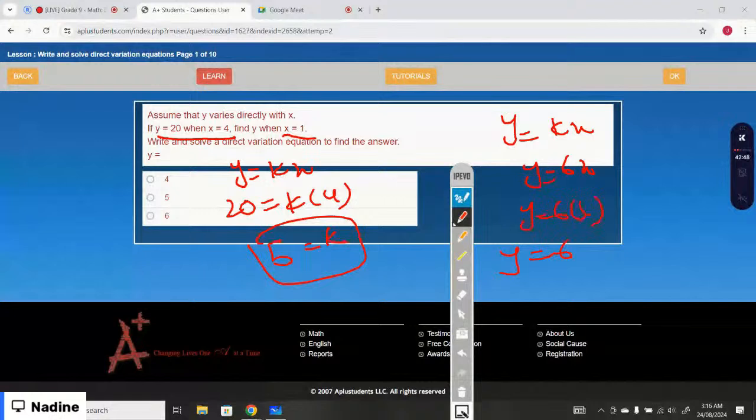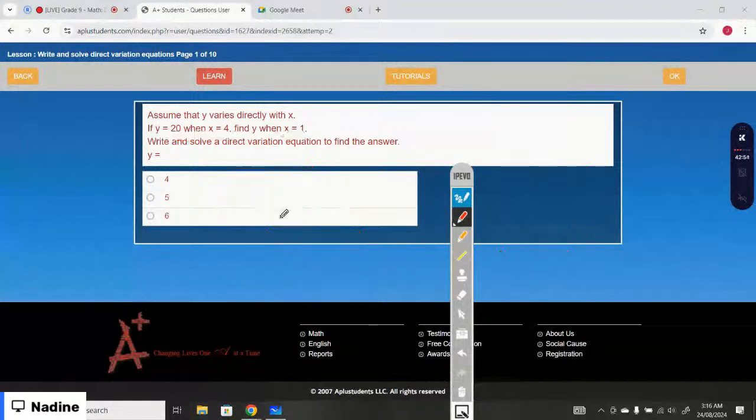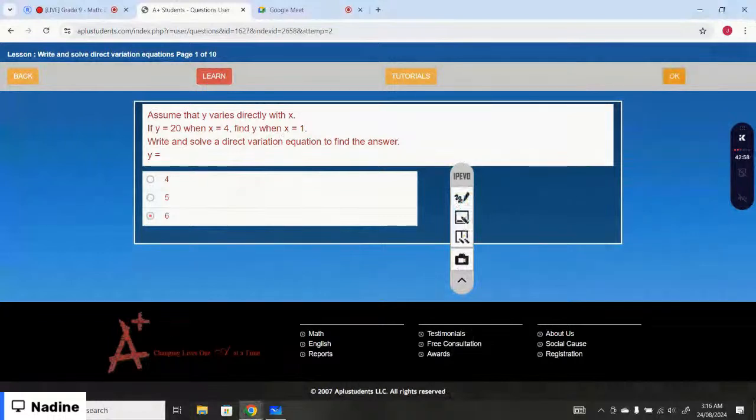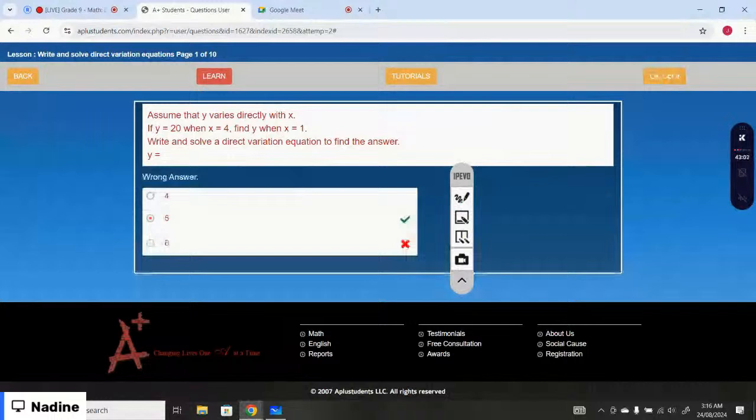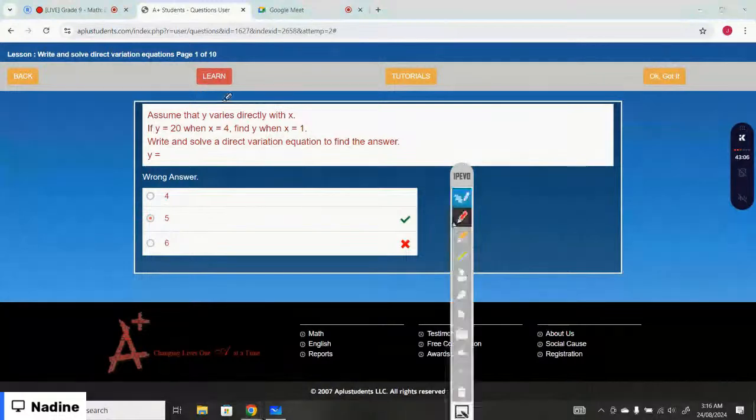The correct option is y equals 6. Okay, let's just move on to next one. Hold on. Let's just do it again. Y equals kx, right?